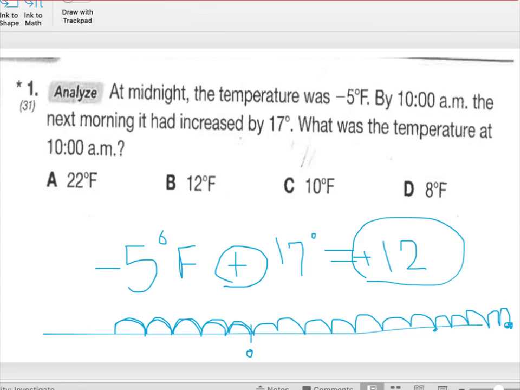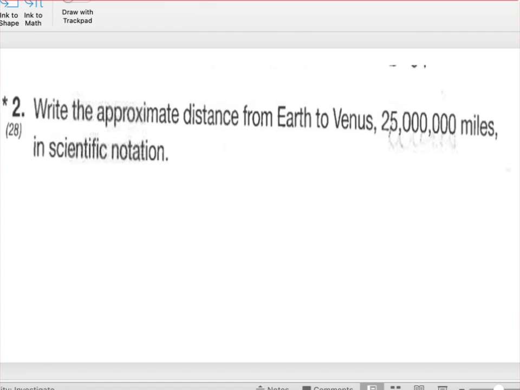I forgot what I was adding. Okay, so I'm adding from here to here was 17. But since I had 5 in the negative, this should just be 12, shouldn't it? So 1, 2, 3, 4, 5, 6, 7, 8, 9, 10, 11, 12. And +12 is the landing spot, or the answer.